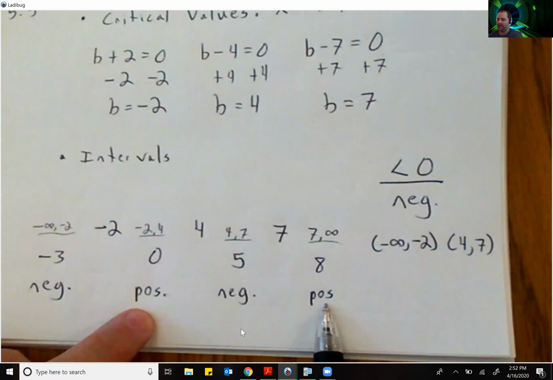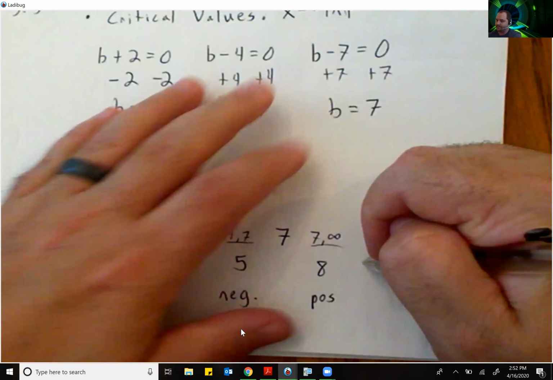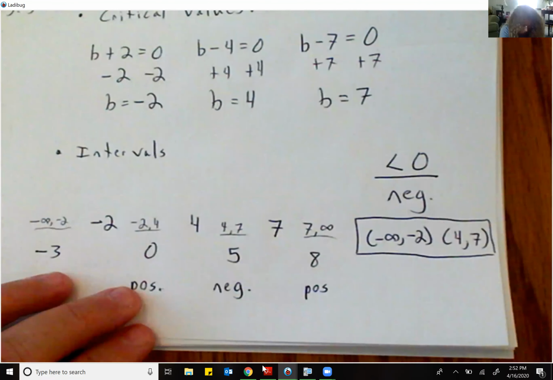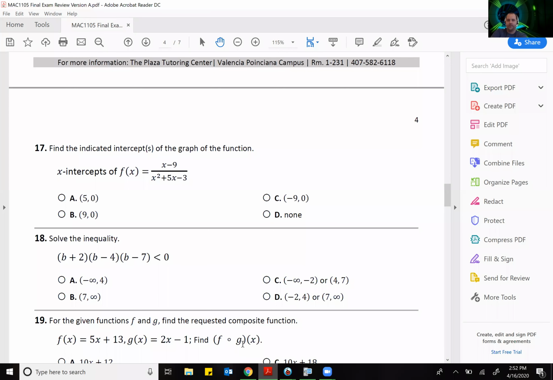We only wanted negative answers. So right there are our solutions. I'm gonna take a picture of that. So we need to come back, and our answer is C.